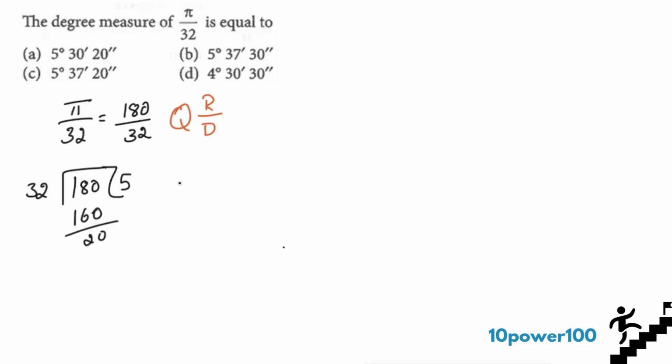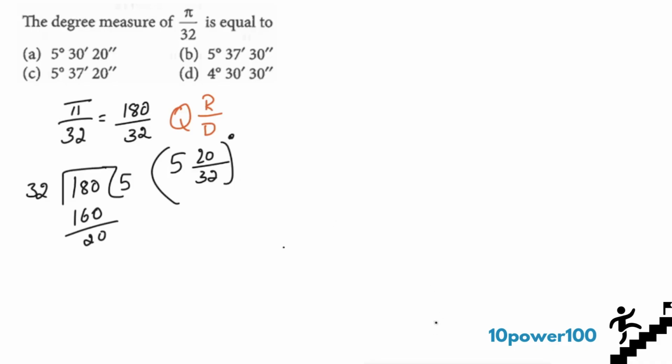Quotient is 5, remainder is 20 and divisor is 32. So 5 and 20 by 32 degree is what we got.